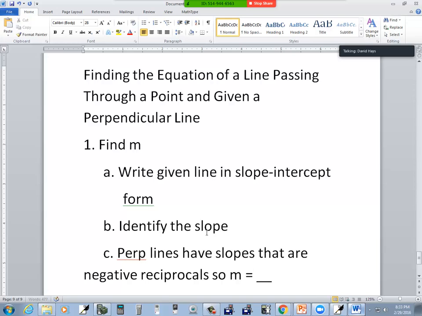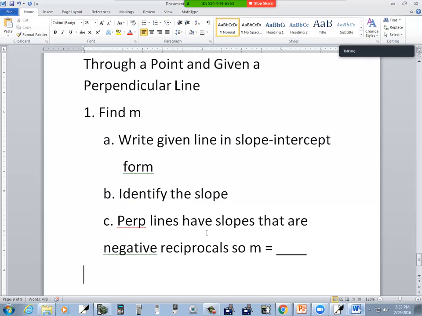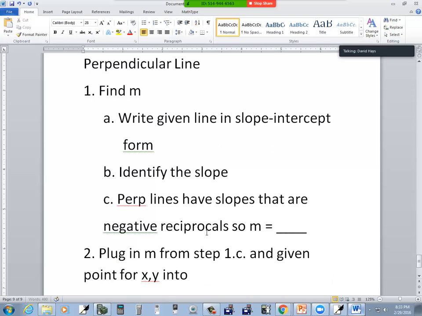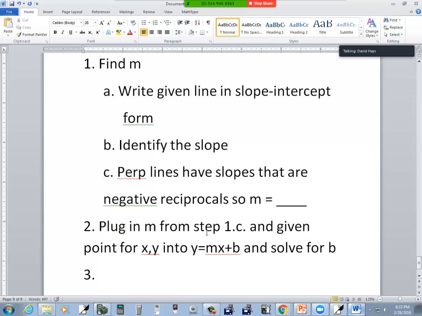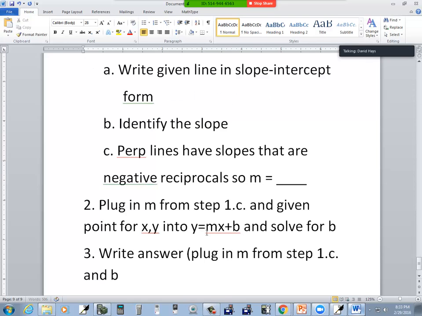So m is going to equal to, and we'll address that with the example. Step 2, plug in m from step 1c and the given point for x and y into y equals mx plus b and solve for b. And step 3, we have to write our answer down. So plug in m from step 1c and b from step 2 into y equals mx plus b.